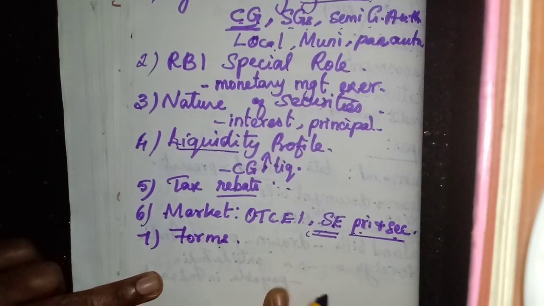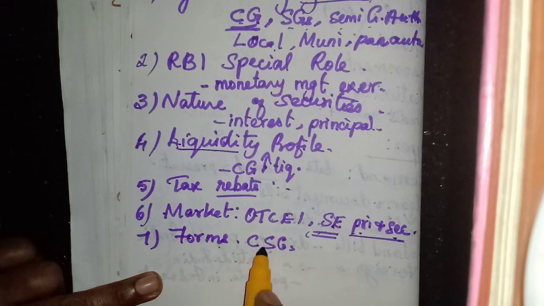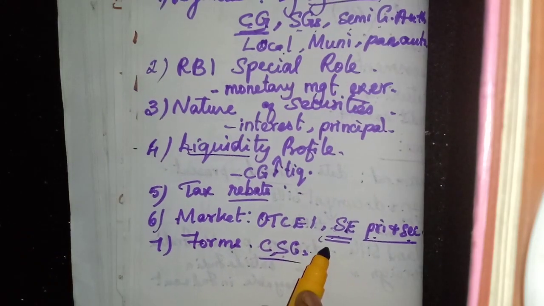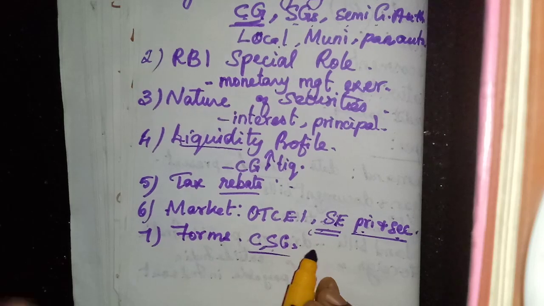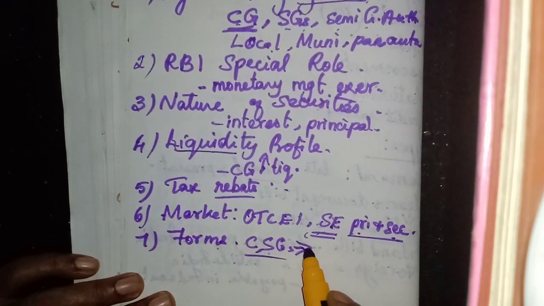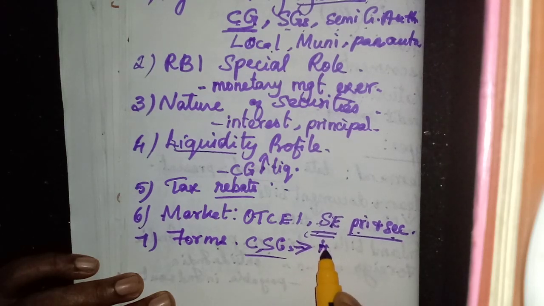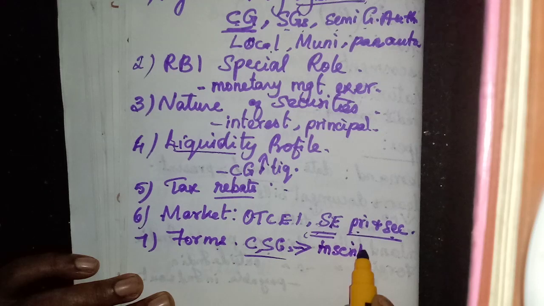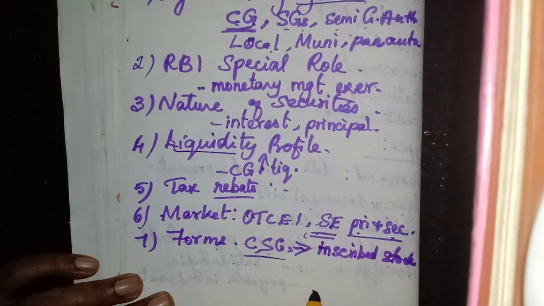The central government and state government securities have some forms. We can say the inscribed stock. The fully paid up share is called stock, or we can say stock certificate.